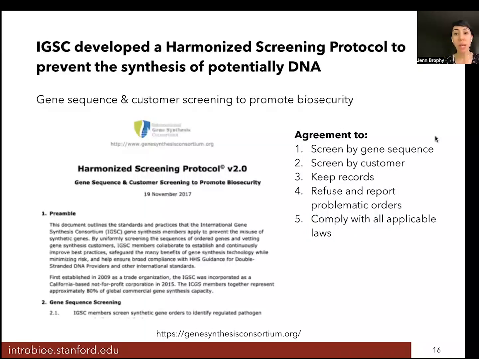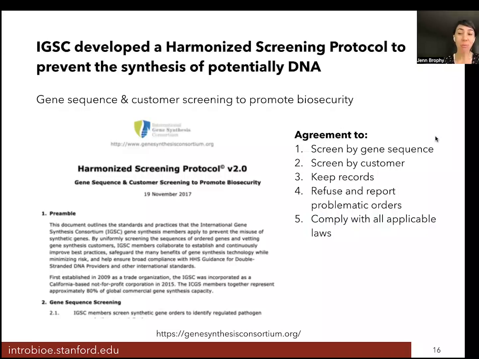They're also screening by customer. So they do a little bit of background check and they look to see, are you on any of these lists where you probably shouldn't be supplied with biological materials? They also agreed to keep records.